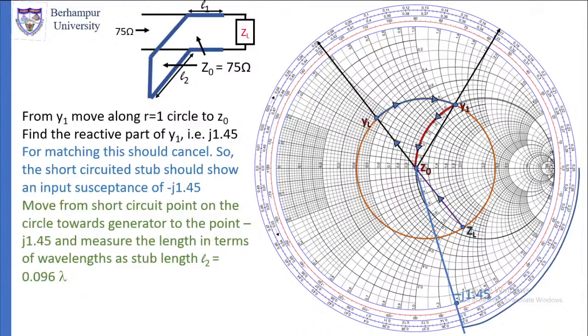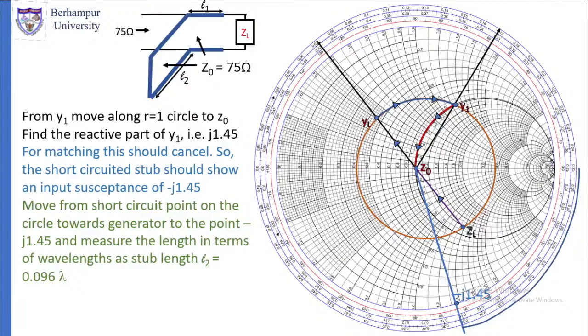For matching, this should cancel, so the length of the stub should be such that this 1.45 is cancelled at the point where stub is connected. So the short-circuited stub should show an input susceptance of minus 1.45, because from the load we have found it to be 1.45, that is to be cancelled by minus J 1.45.